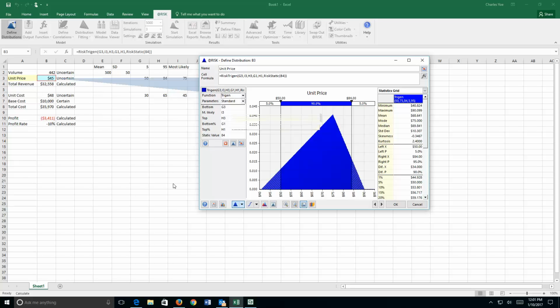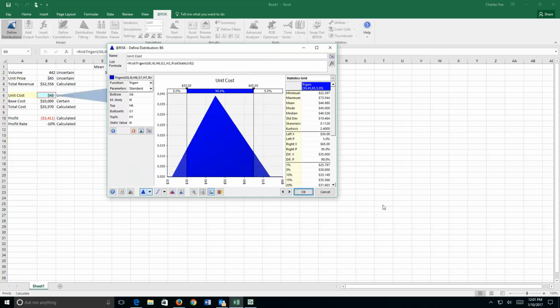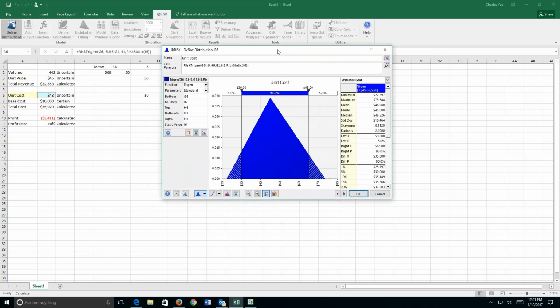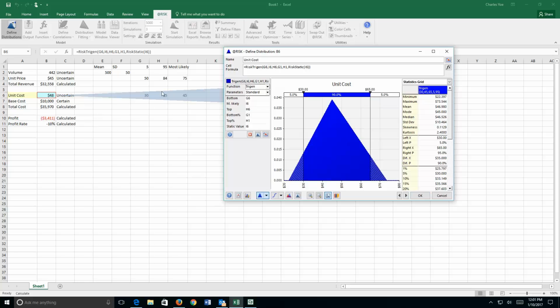So this way you can estimate the 5th and 95th percentile, and it allows that there's some small probability that the actual value is beyond that range. Unit cost was calculated in a similar fashion, using a minimum value of 30, a maximum of 65, most likely of 45, with the same 5th and 95th percentiles.